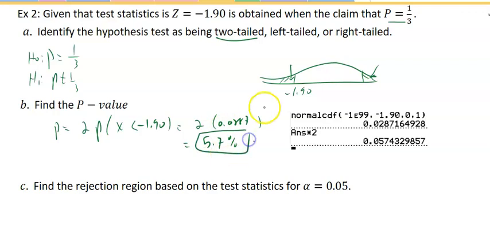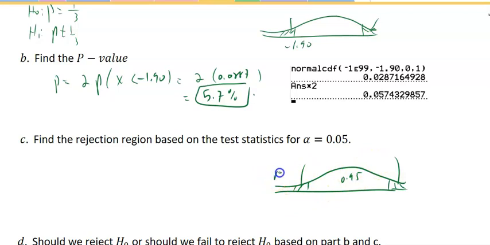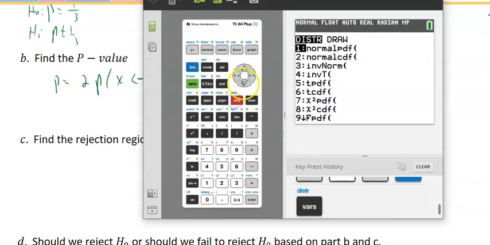so that's roughly 5.7%. Hey, rejection region, if we want 5% to be upper and lower, because it's two-sided, right? So if this is 5%, that leaves us with 95%. So to figure out the rejection region, the cutoff, I'll say, well, let's go for an inverse normal distribution.